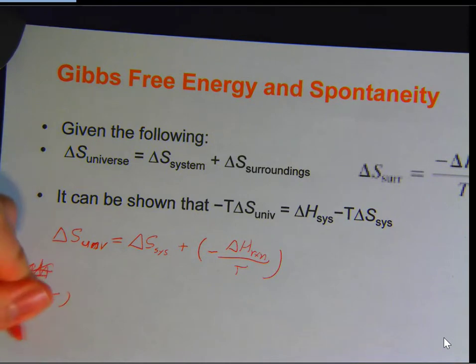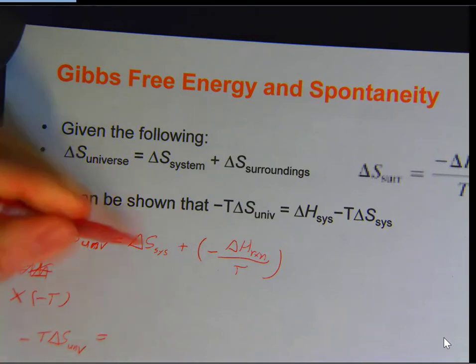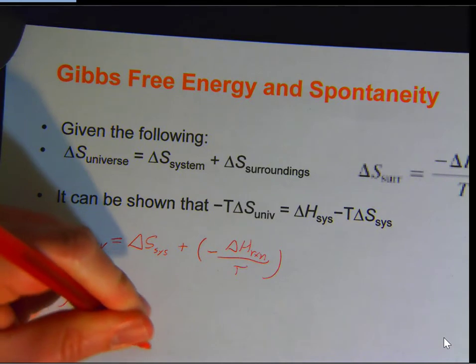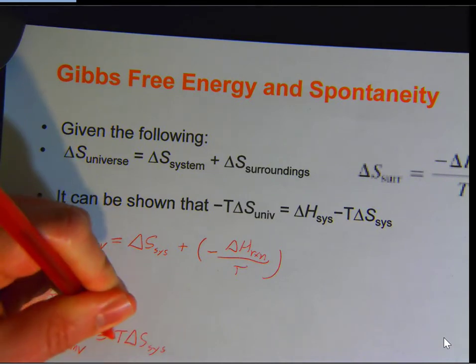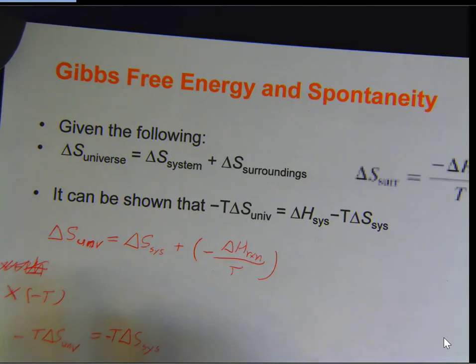That would give us negative T delta S of the universe. And then we'd have, I'm sorry, that should be negative T, right? We're multiplying by a negative T, so negative T times delta S of the system.